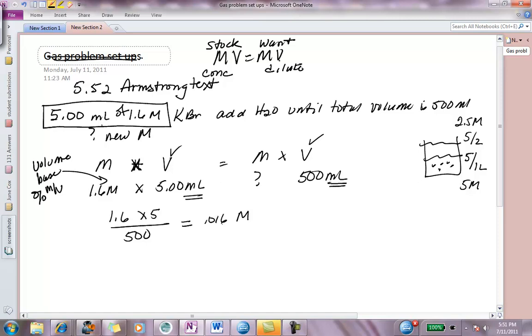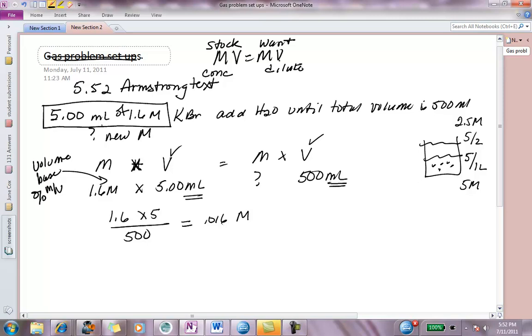Now what you should see is we have actually diluted this 100 times, and so it is 100 times more dilute than it was. But this is a typical setup.